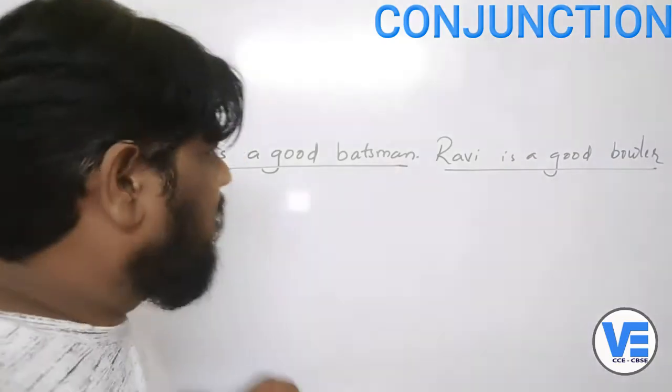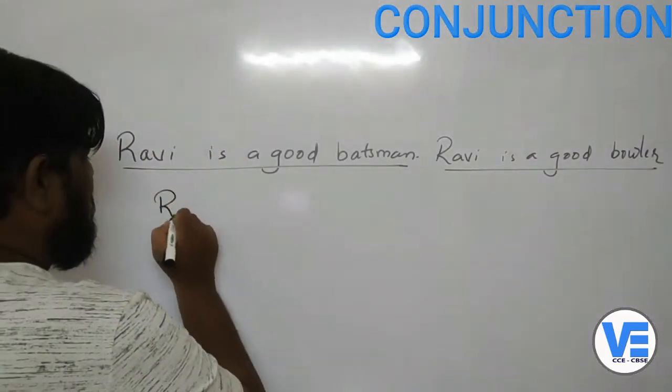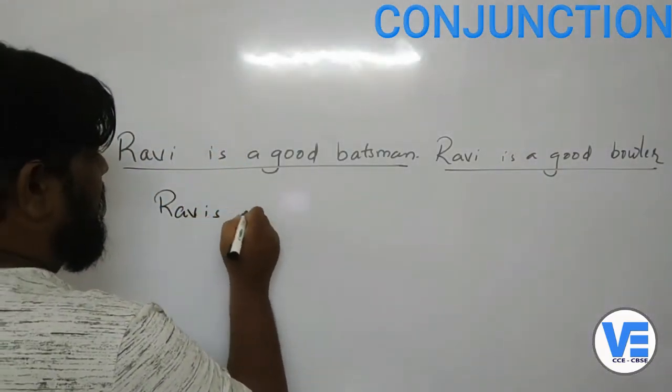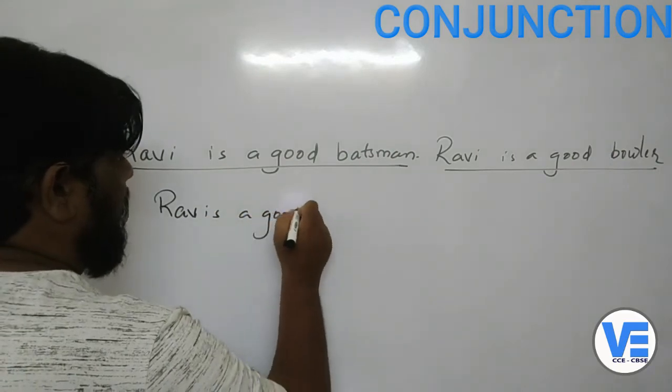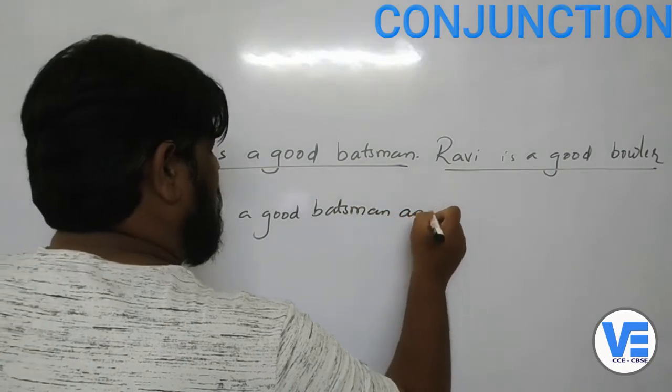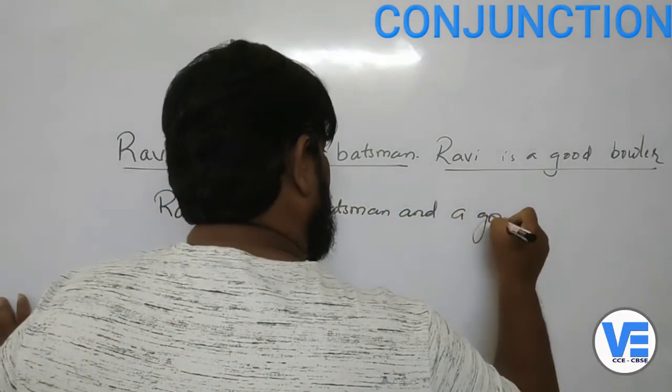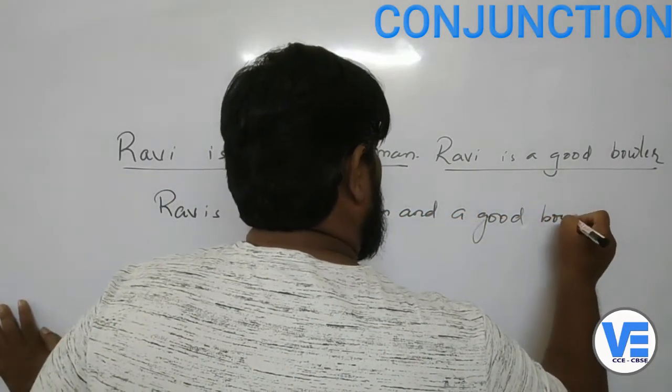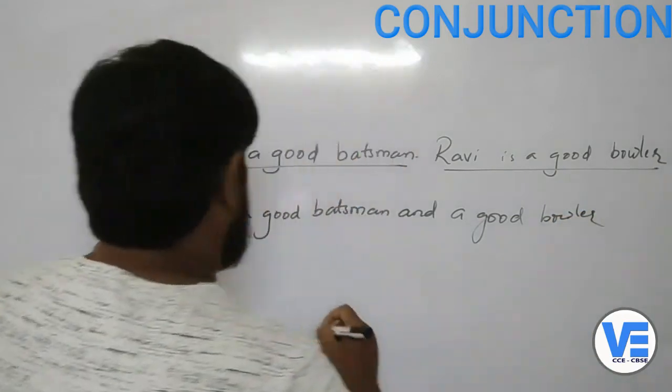So here what we can do is: Ravi is a good batsman and a good bowler.